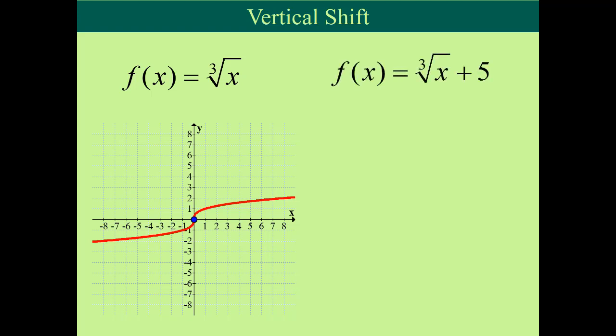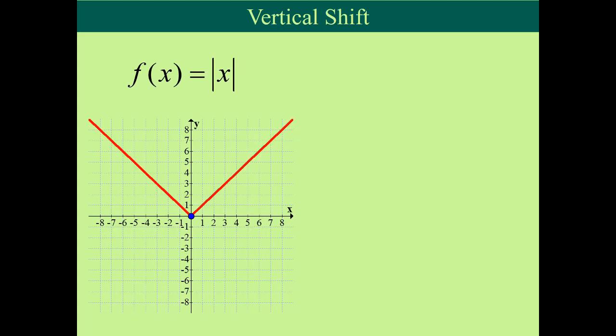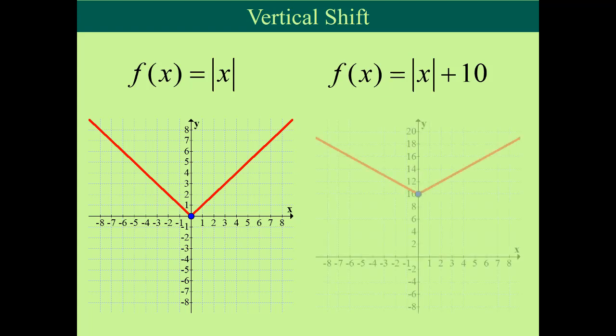The graph of cube root of x plus 5 is going to be the same graph but shifted up 5. Absolute value of x plus 10 shifts the graph up 10. I will not see that graph on a standard graphing window because my window is not going that high. I have to know where the graph is.